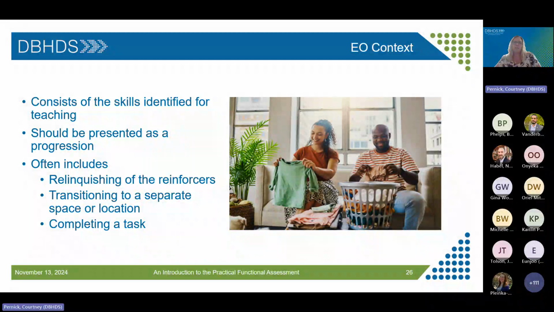You're going to progress, and it usually starts with relinquishing reinforcers, then transitioning to a separate space or location, and then completing a task. In this context, the implementer is leading or is in control. And so it should be a contrast between that reinforcement context where the learner was leading. And you might also hear the EO context referred to as the table of high expectations.